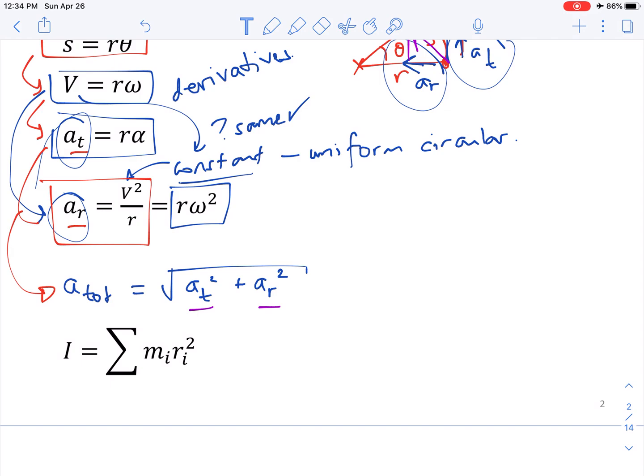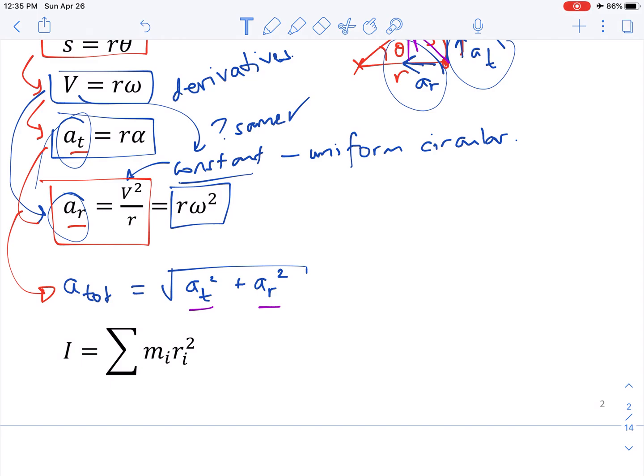So the next thing we discussed was the inertia, and this is moment of inertia, I, and it is found from the sum of point masses, right, at a distance r from the rotation axis, with mass m. You just multiply those m r squared and then add them up because it's a sum, and that will give you the entire moment of inertia.